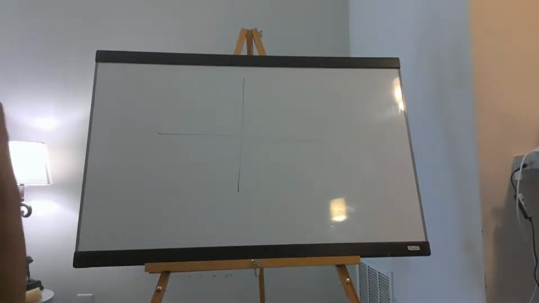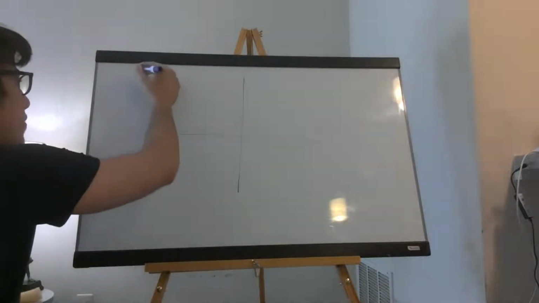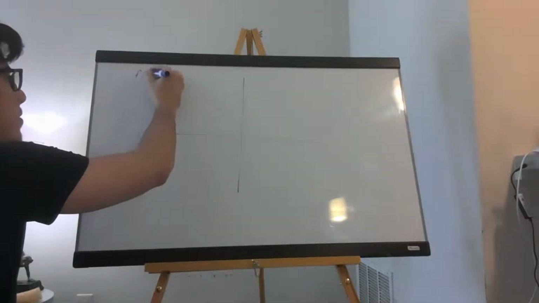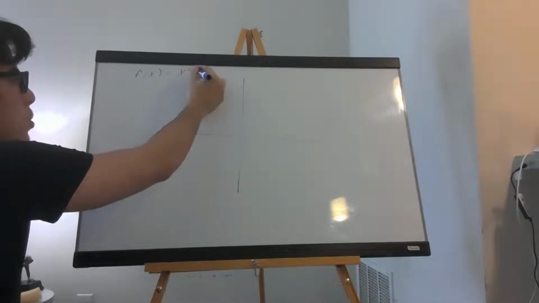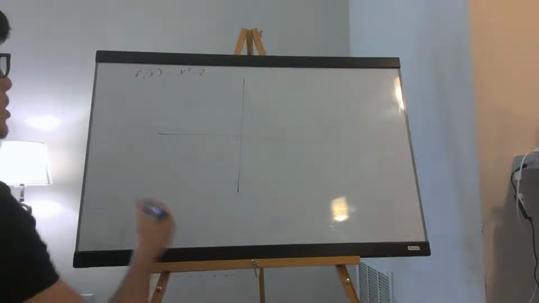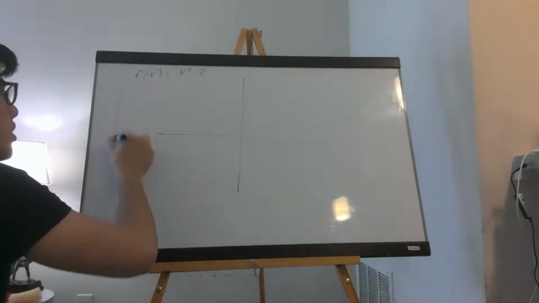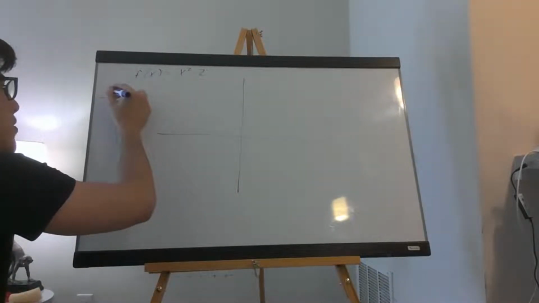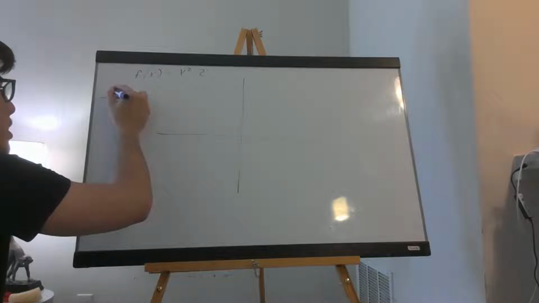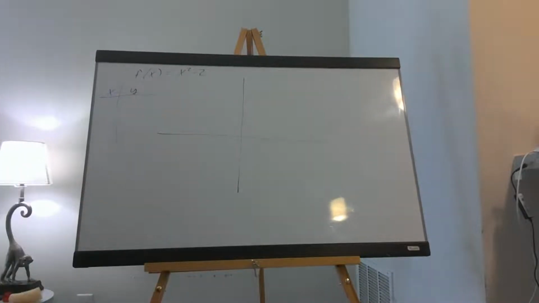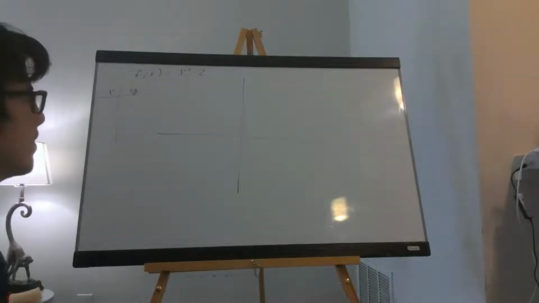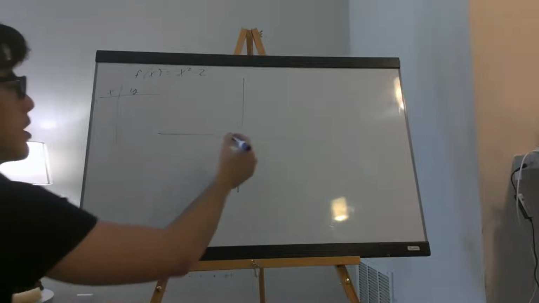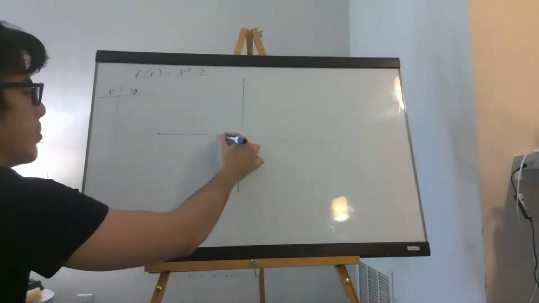All right, I'll start with the function f of x equals x squared minus 2. So now, a lot of you have a hard time graphing this stuff, and if you do, I would say you should use a table, because I think this is probably the easiest way to graph something. Or if you know the shape of this one, we can also just think of it as a parabola, right?